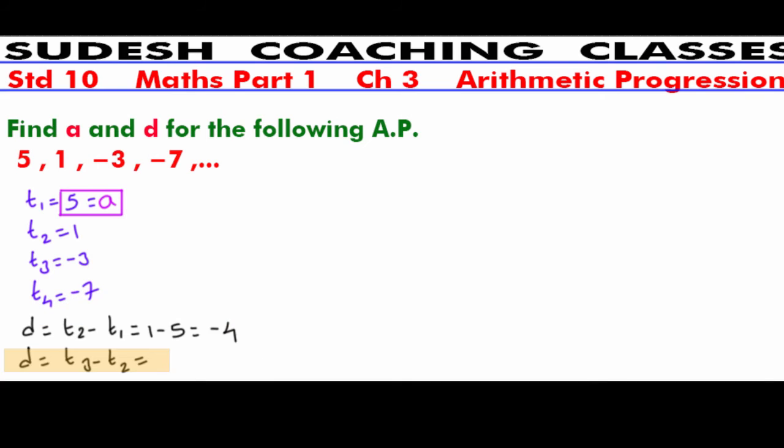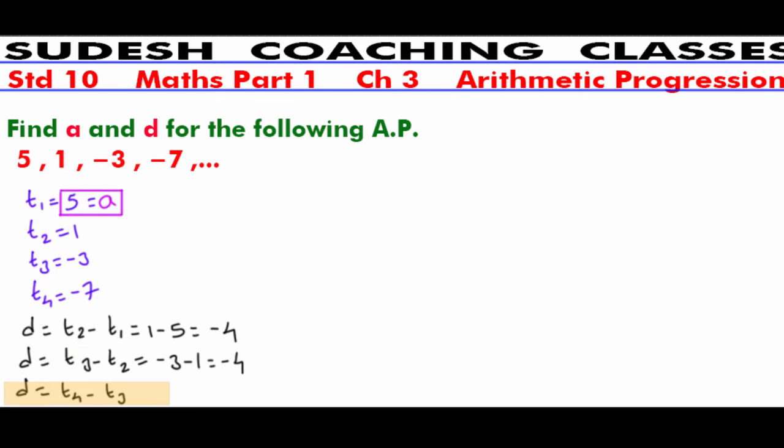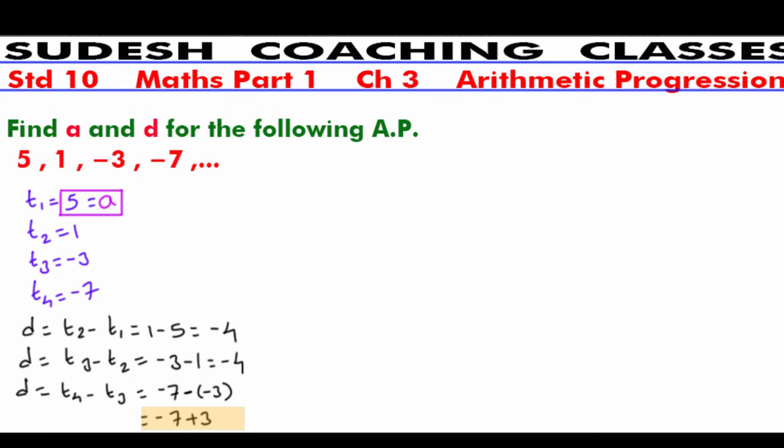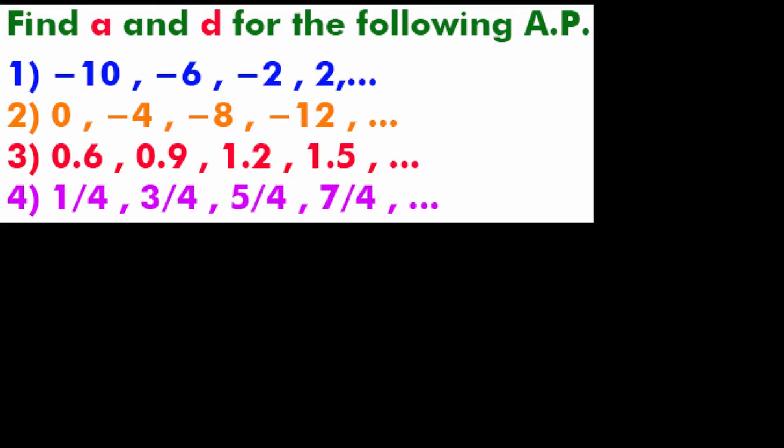D is equal to T3 minus T2, which is equal to minus 3 minus 1, again minus 4. D is T4 minus T3, which is equal to minus 7 minus of minus 3. So it will become minus 7 plus 3, which is equal to again minus 4. So D is equal to minus 4, which is constant. So you children can find A and D for the following APs by pausing the screen and doing the sums.